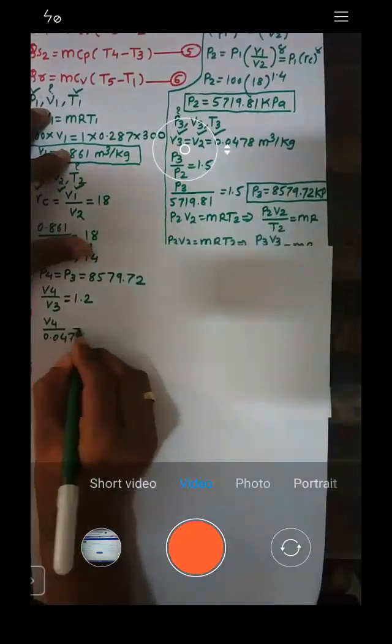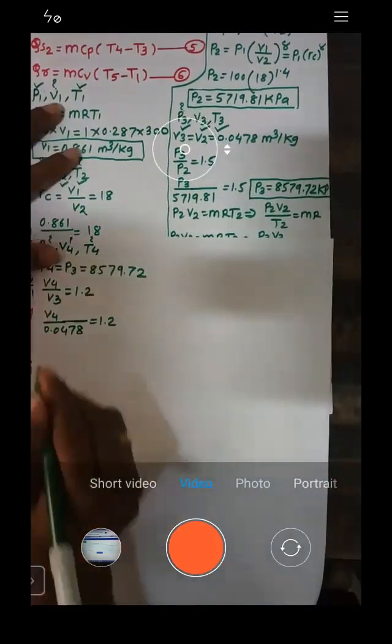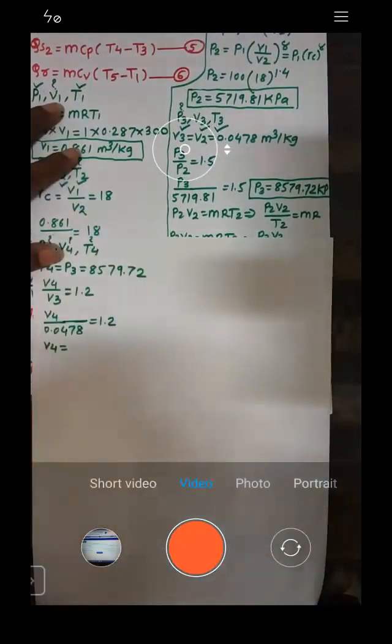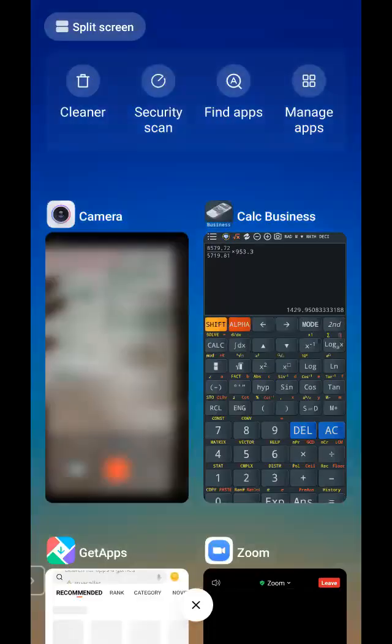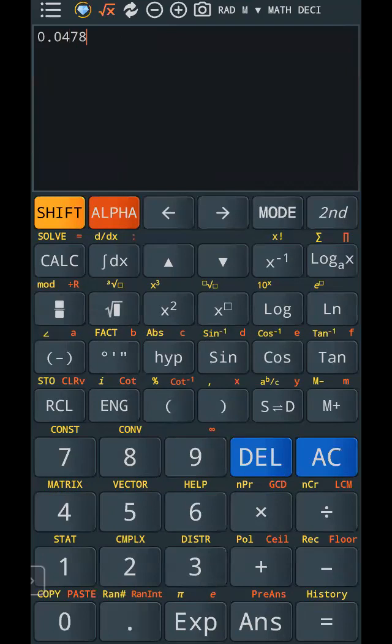V4 is 1.2 times of V3, right? So this is 0.0478 multiplied by 1.2. So this is coming to be 0.05736 meter cube per kg. Okay, so this is the value of V4 what we got.